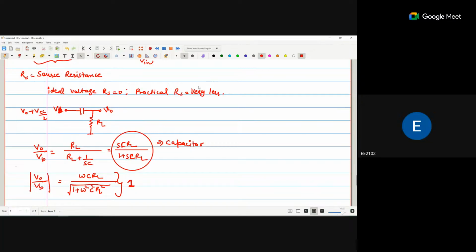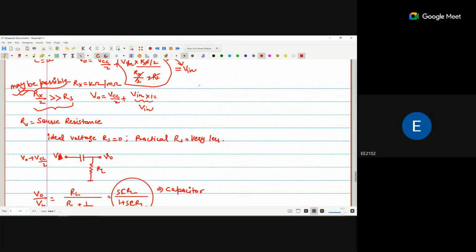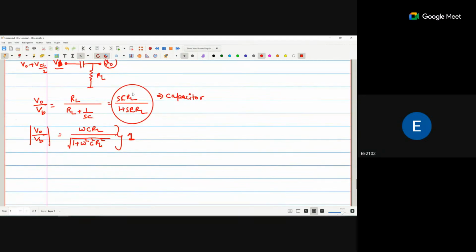Why? So we are getting the same voltage, this one and this one. We just want that this should be 1. If this should be 1, we can say omega C RL is equal to root of 1 plus omega square C square RL square. Take the square this side, take the square this side.